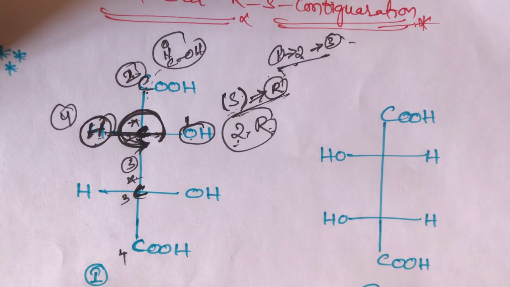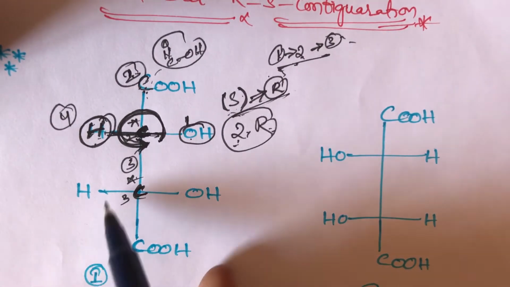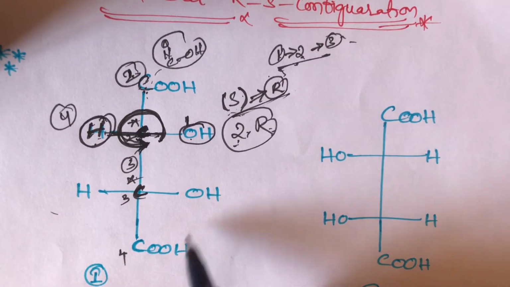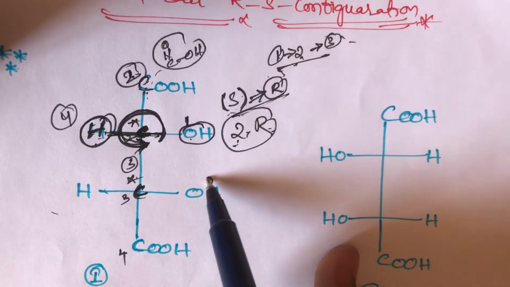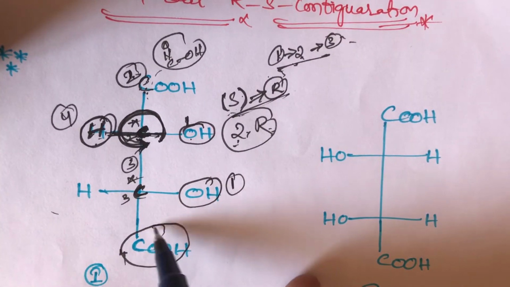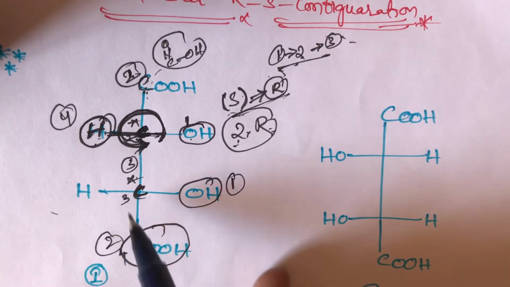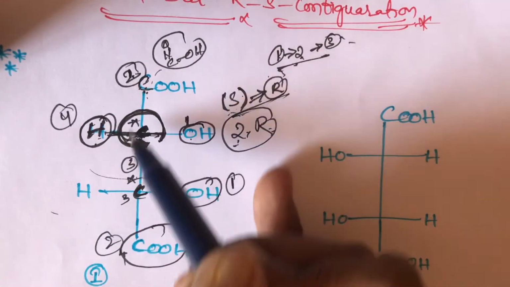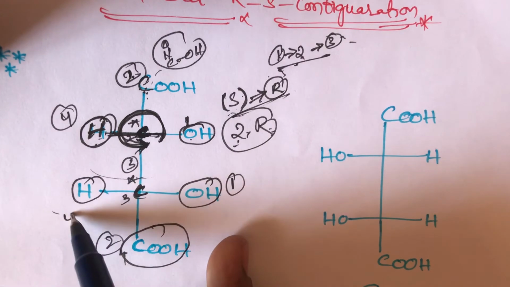What about the third carbon? This third carbon is attached with an OH group, hydrogen, and a COOH group. Same thing: the first priority goes to the OH group because this carbon is directly attached with oxygen, atomic number 8, the bigger atomic number. The second priority goes to COOH, the third priority goes to the rest of the group, and the fourth priority goes to hydrogen.